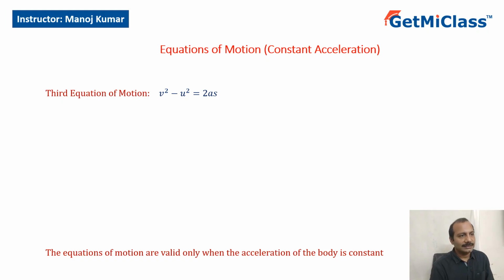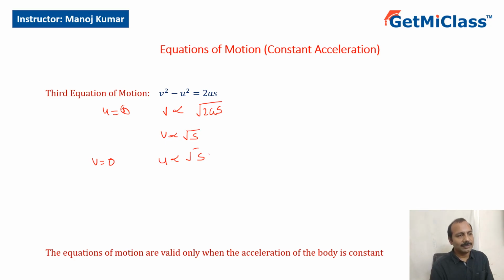If U equal to 0, that is initial velocity is 0, then V square is proportional to S, or V is proportional to root S. And if V equal to 0, that is final velocity is 0, then U is proportional to root S. So if initial velocity is 0, the final velocity is proportional to the square root of displacement, or if final velocity is 0, the initial velocity is proportional to the square root of displacement.